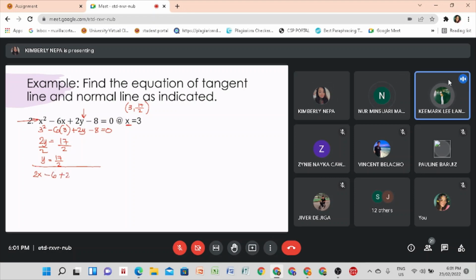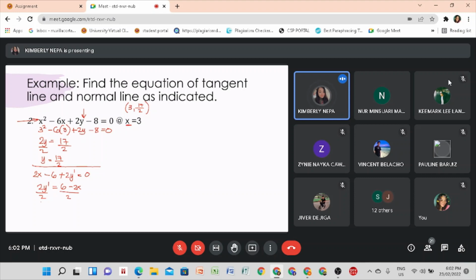It's 2y prime po. Derivative of 8 is just 0. So, 0. Okay, so after this, isolate the term 2y prime. So we have 2y prime equivalent to 6 minus 2x, correct? Yes po.